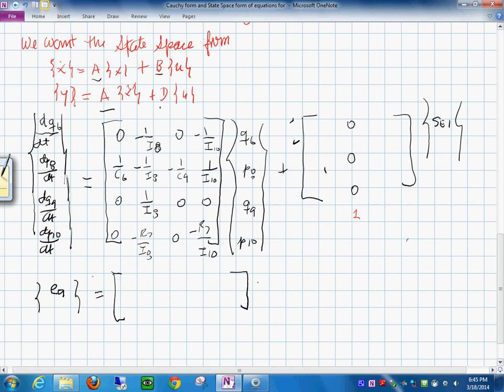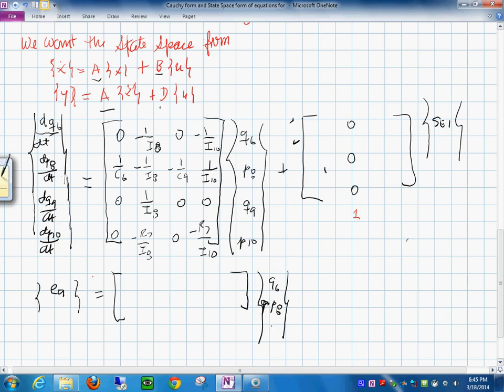the same state variables as these ones. Q sub 6, P sub 8... no, the state variables is what I was writing.